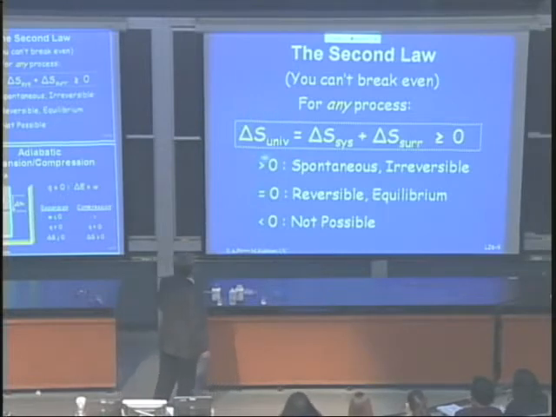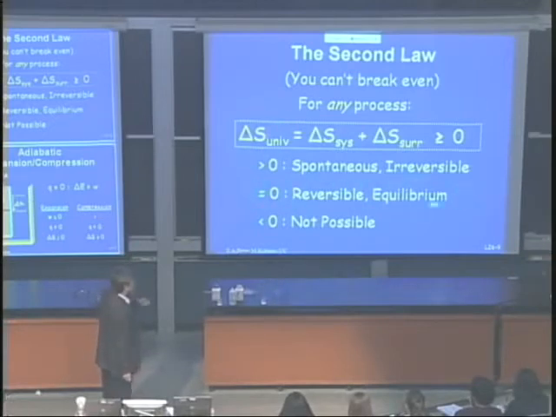So if delta S is larger than 0, you have a spontaneous and irreversible process. If delta S of the universe equals 0, it's reversible and it's in equilibrium. But it will never be possible that the change of the entropy of the universe is smaller than 0.